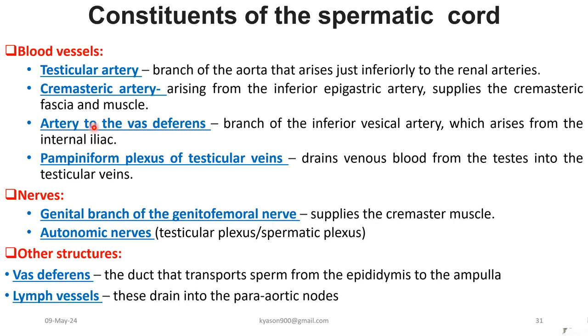Then we have the artery to the vas deferens. The vas deferens is the sperm duct, and this artery is going to be a branch of the inferior vesical. The inferior vesical means urinary bladder. The inferior vesical artery supplies the urinary bladder, and before going to the urinary bladder, it's going to give off the small artery to the vas deferens, and this small artery is going to enter the spermatic what?